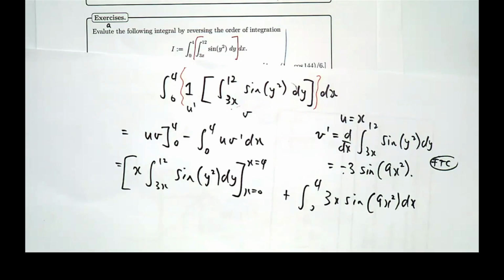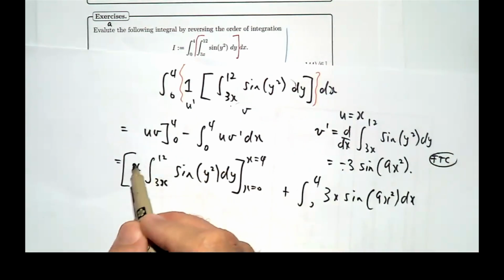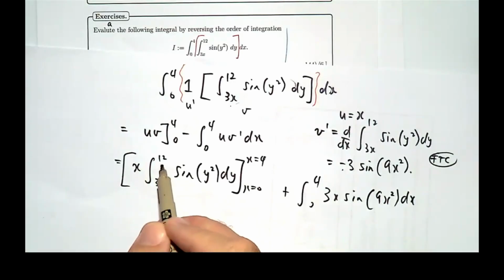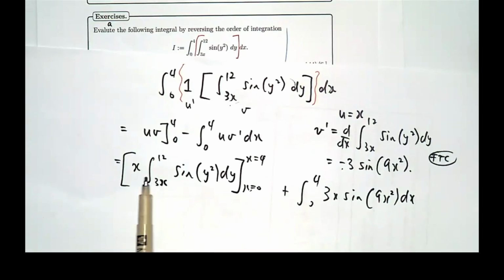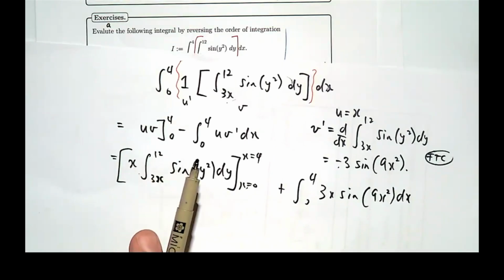Perfecto. So I've got a 3x in my integral sign. If I put in x equals 4 there, who cares about that? I'm integrating from 12 to 12. So that's got to be 0, right? It's like integrating over a point. That's got no area. What happens if I put in x equals 0 in here? Well, that'll be 0. And you're multiplying by 0.